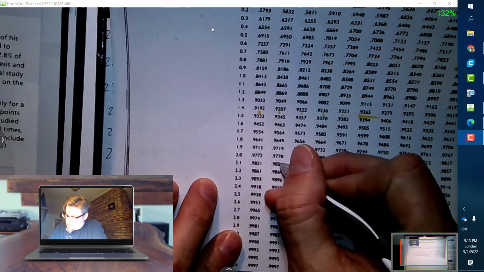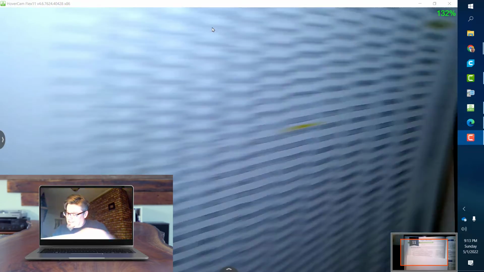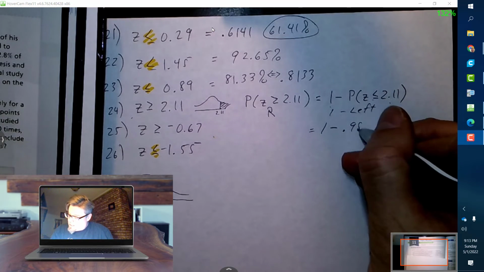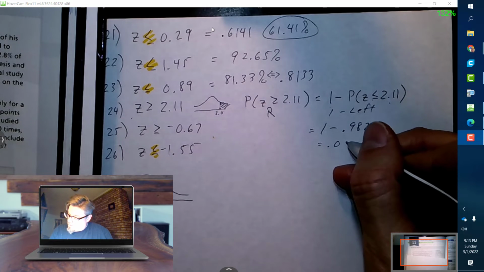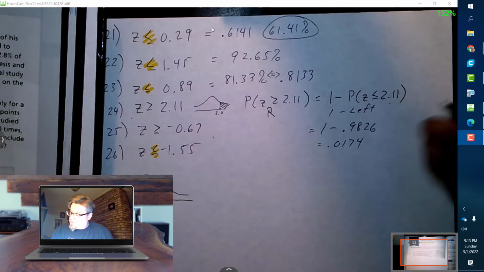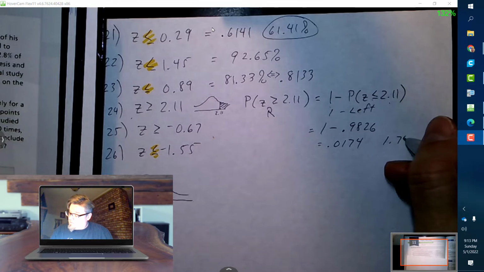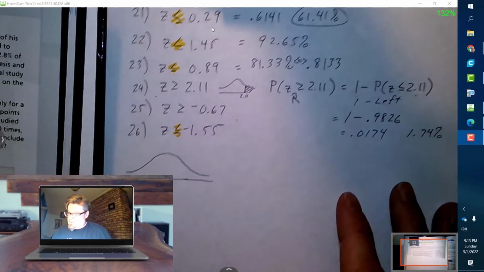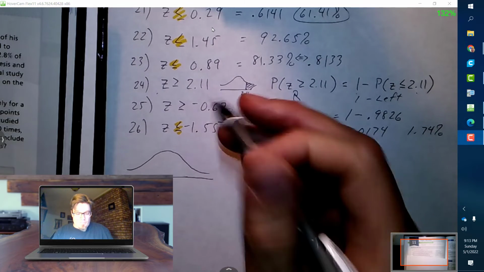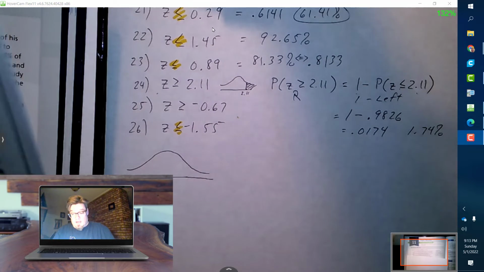So that is going to be 0.9826, and 1 minus that would be 0.0174. So you're looking at 1.74% being higher than 2.11. And again, that is just for a normal curve. Your data has to fit a normal curve. That doesn't always happen, but it happens often, though not all the time.